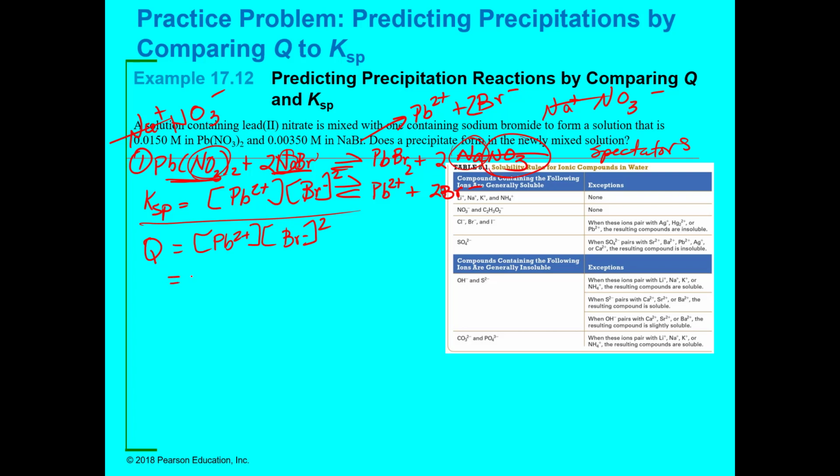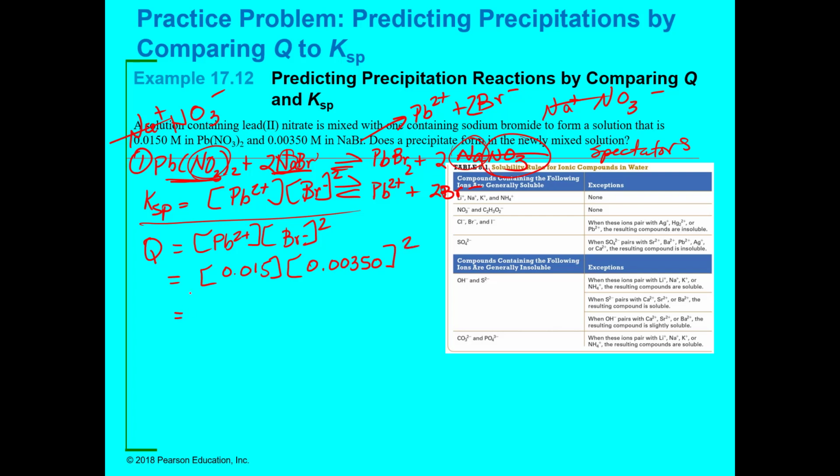So we just plug our numbers in. So we are going to have 0.015, which is your lead, times 0.00350 squared.